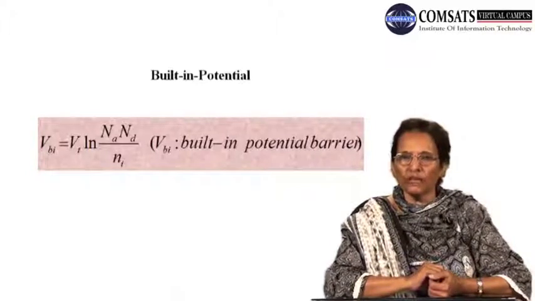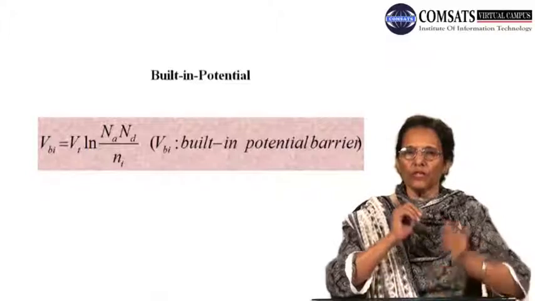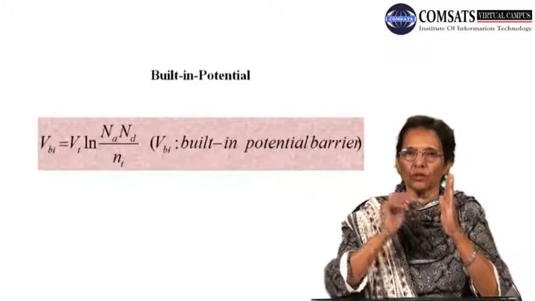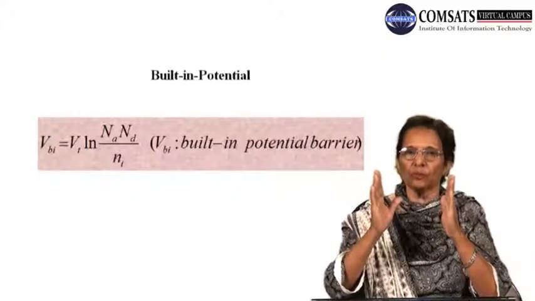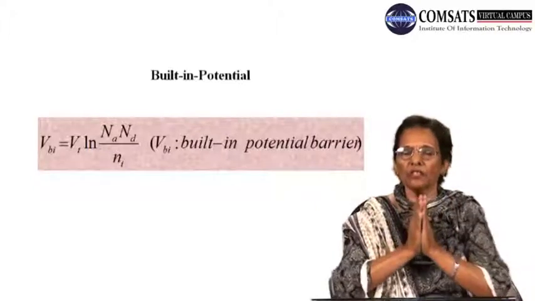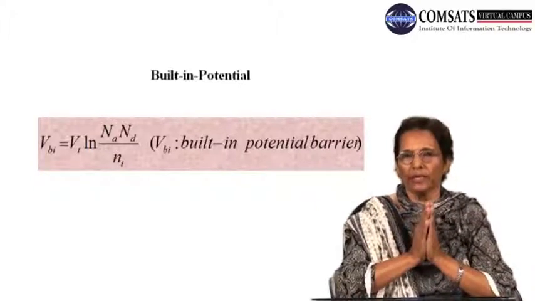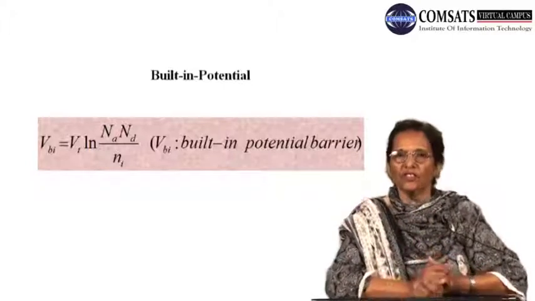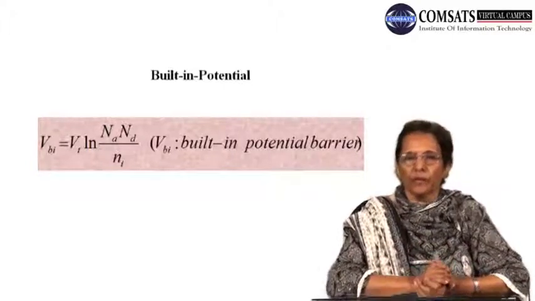Mathematically, how do we define it? The product of the free electron concentration N and the free hole concentration P, N dot P, must be equal to Ni square, where Ni is the intrinsic carrier concentration.